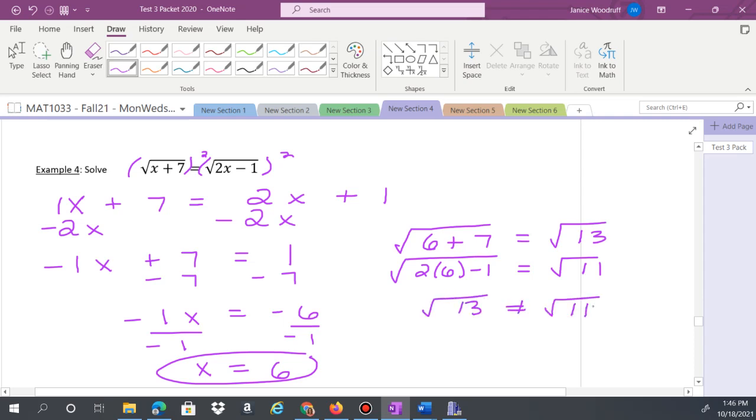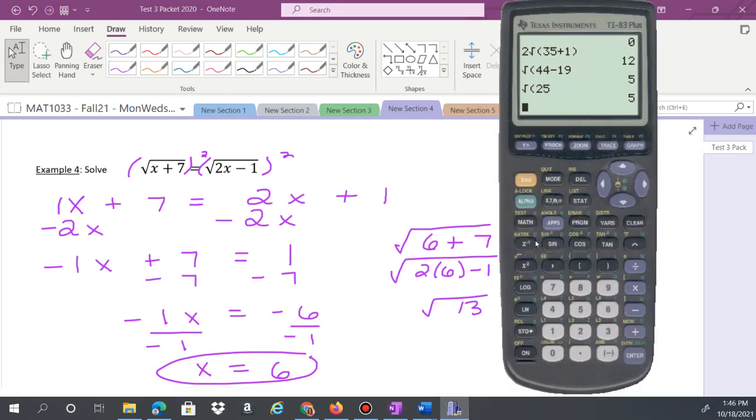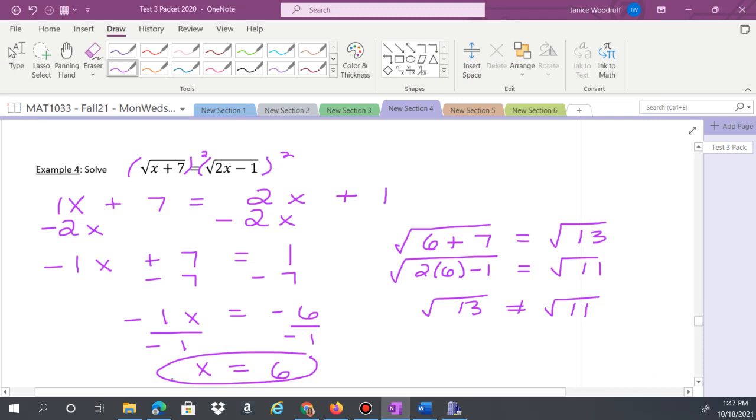I want to check that in my calculator because they should be the same thing. Square root of 6 plus 7, 3.6-ish. Square root of 2 times 6 minus 1, 3.3. So definitely not the same number. So this is also extraneous, and we get a no solution. That's why it is important to check.